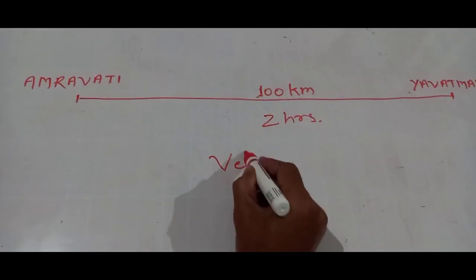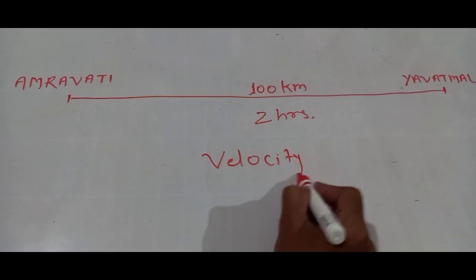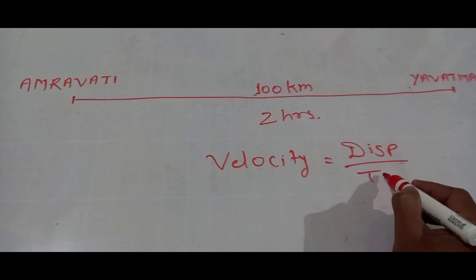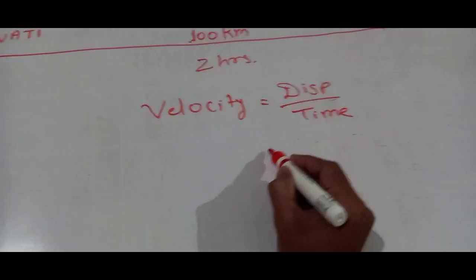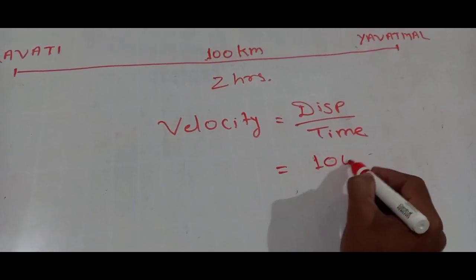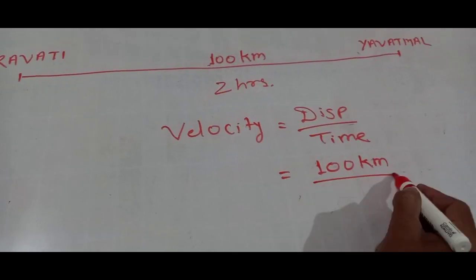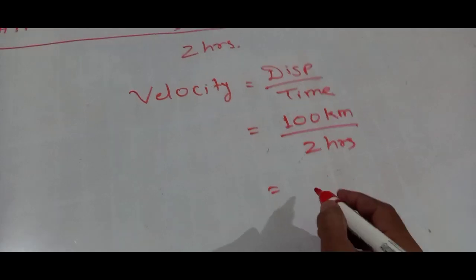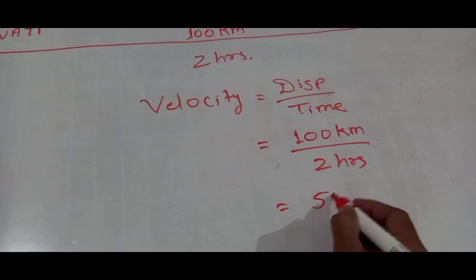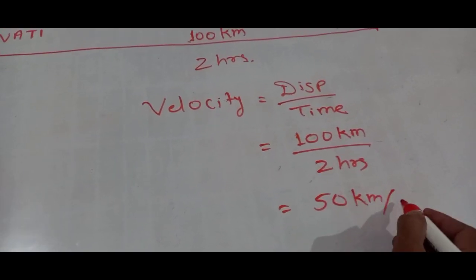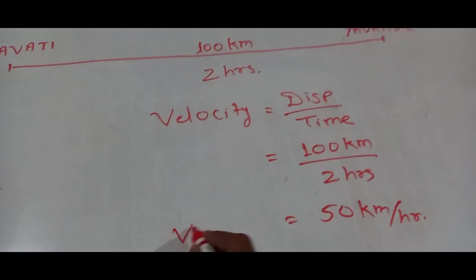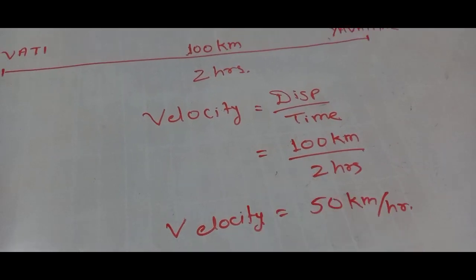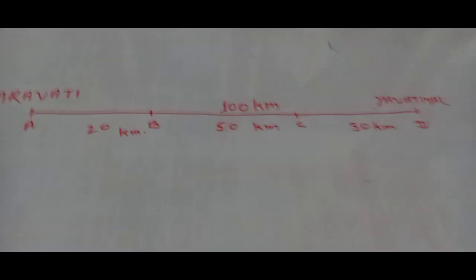So the velocity of this car is displacement upon time. Displacement is 100 km and time taken is 2 hours, so the velocity of this car will be 50 km per hour.